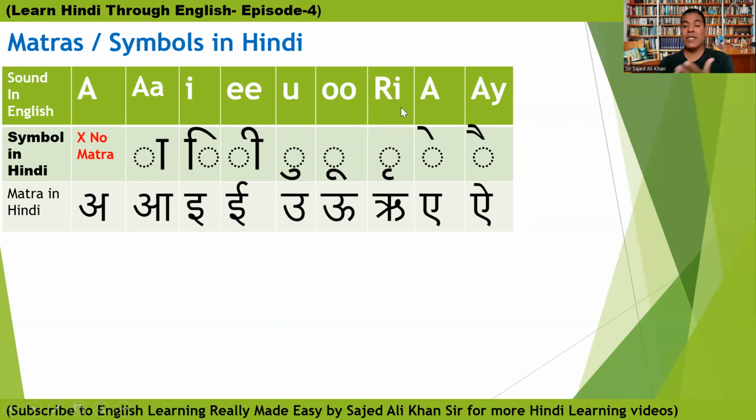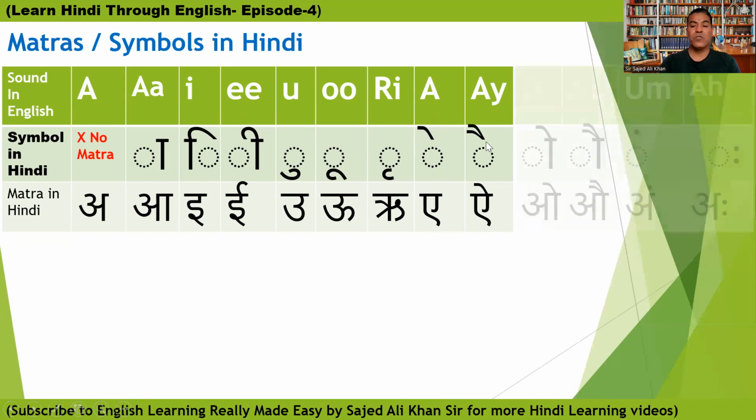Whenever you are going to write any word beginning with the ri sound, you can write this symbol like this in Hindi. Then this is the symbol of e, and we write it in Hindi like this, only one small line from the top. And if you put two like this, then ai. Let's move to the next.